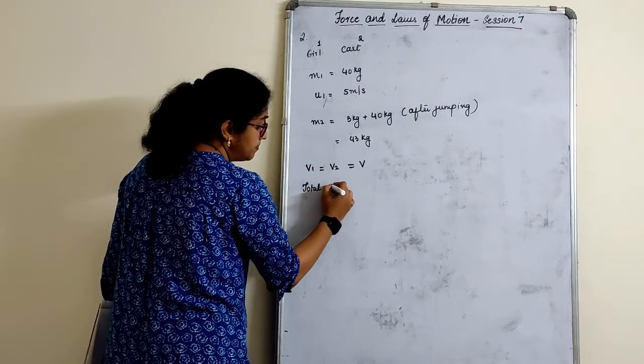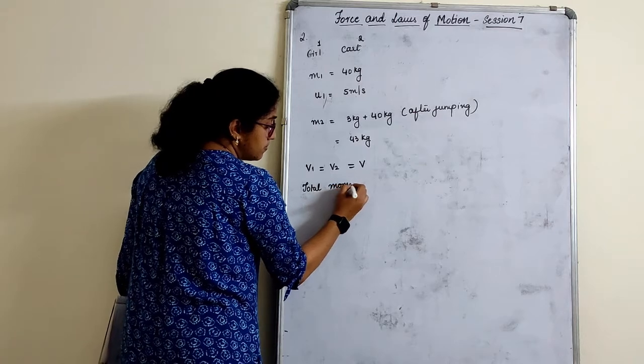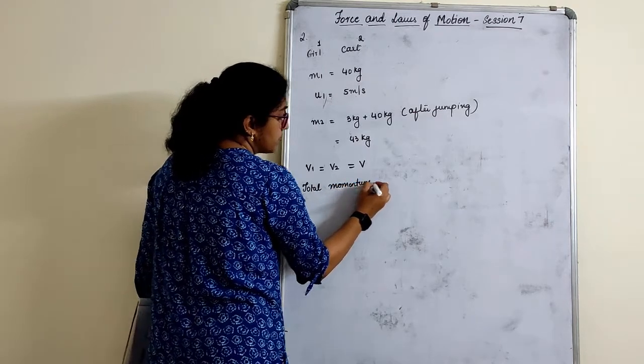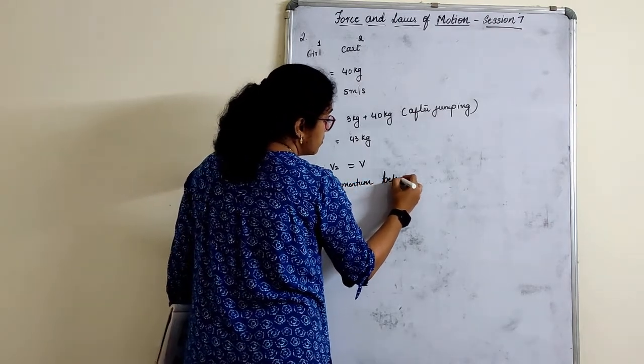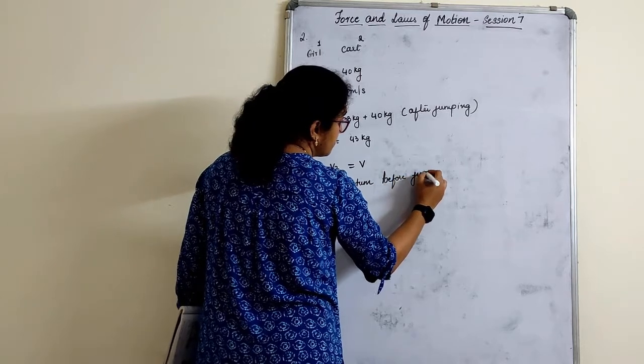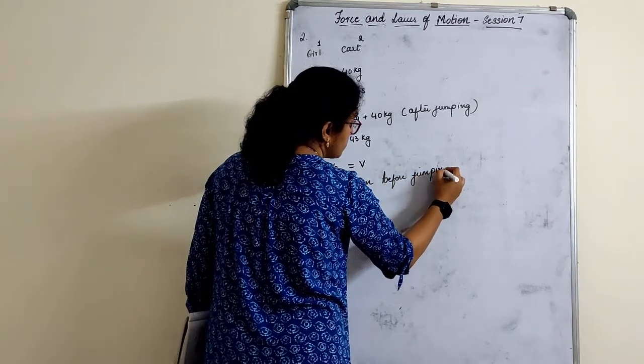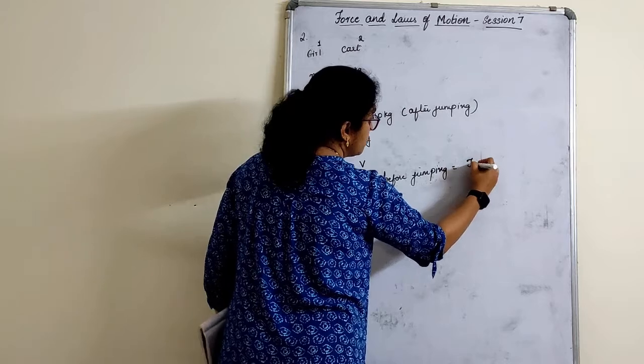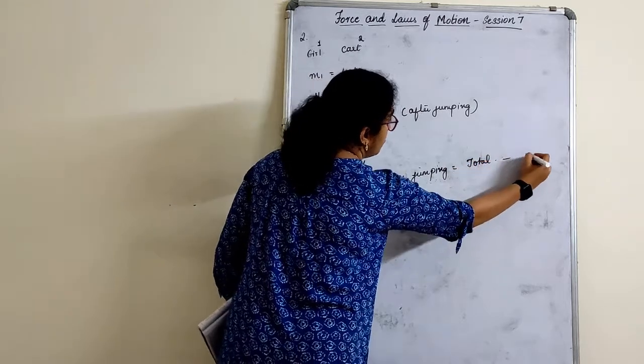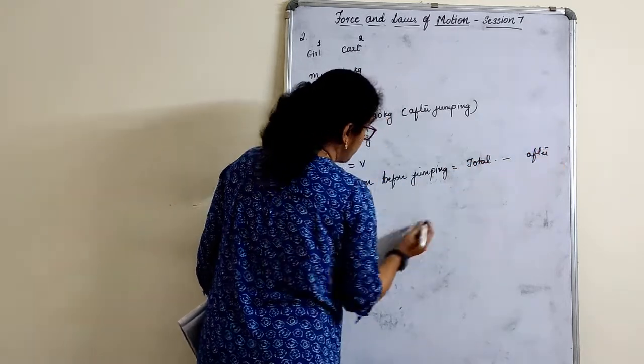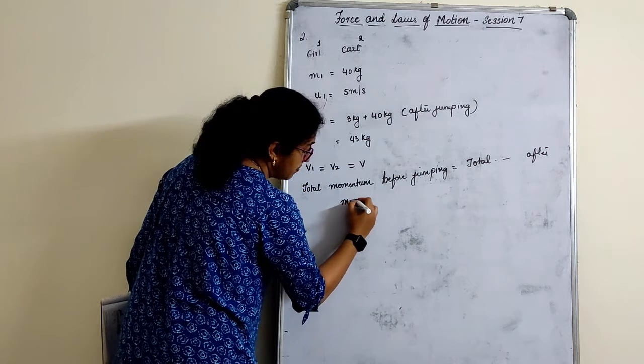Total momentum before jumping is equal to total momentum after jumping. What do we write? The formula remains the same.